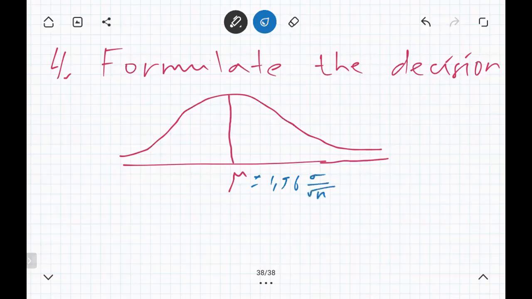And in fact, let me calculate it. 1.96 times 3 over a square root of 1,000.